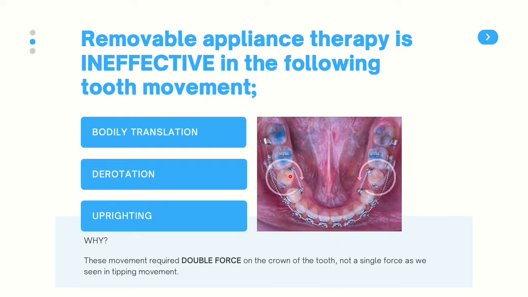So we can see that the premolar is rotated, so it might need two force. One is pulling to the mesial and one force is pulling to the distal to derotate. So for removable appliances, they cannot react like this. So that's why in this case, fixed appliances is more suitable for treatment.